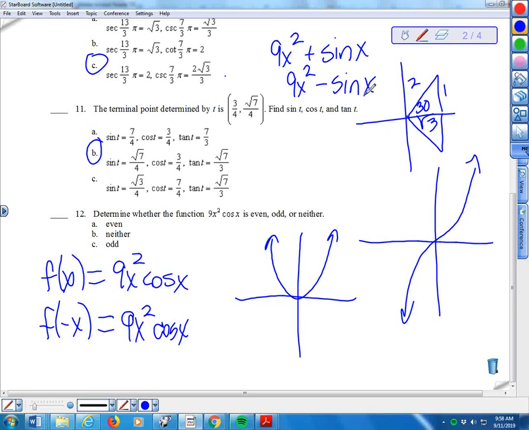So it is not exactly the same, and it is not exactly opposite, because if it were exactly opposite, that would have to be negative, right? And it's not, so it's neither. Follow algebraically how to do that? Okay. Once we get into the next chapter where we're actually graphing sine and cosine functions, you'll be able to see graphically a little better, but for this problem you have to have done it algebraically.